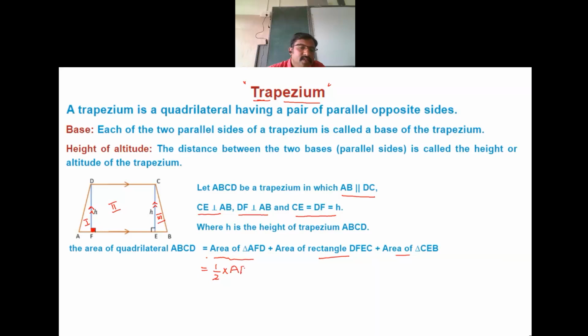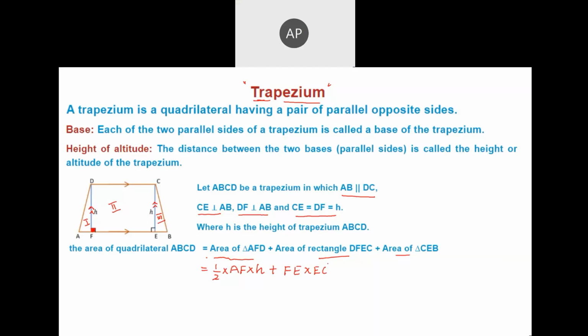The base is AF and the height is DF, which is h. Plus the area of the rectangle here, which is FE into EC. I can write h instead of EC.